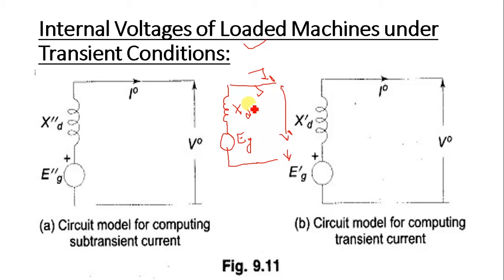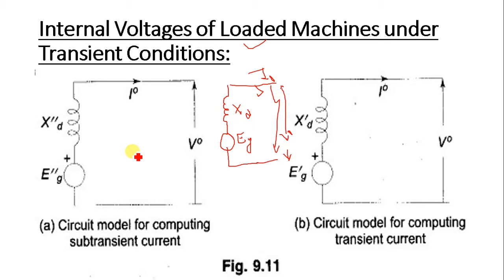Okay, so when a short circuit occurs at the terminal of your machine, the circuit model to be used for computing the short circuit current can be given right here. So whenever the short circuit occurs on the terminal of your generator, in that way we can find the value of your subtransient current, transient current and the steady state current.